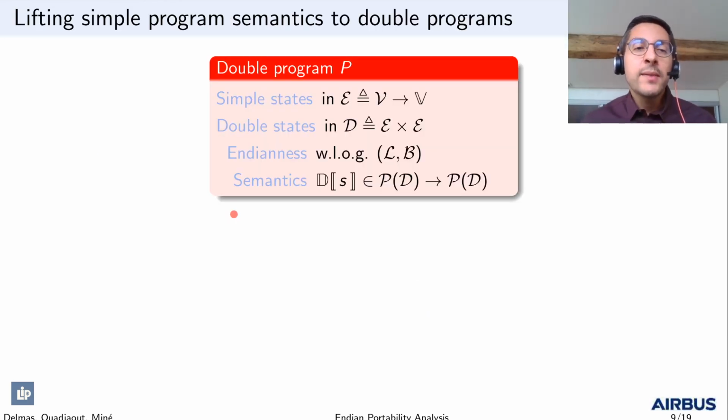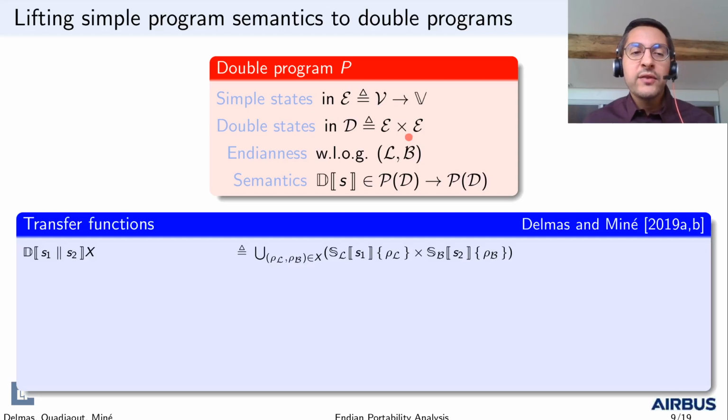Now, to define the semantics of such double programs, we simply lift simple program semantics. Simple memory states are standard stores from variables to values, and double memory states are pairs of such simple memory states. This represents the Little Endian memory, and this represents the Big Endian memory.